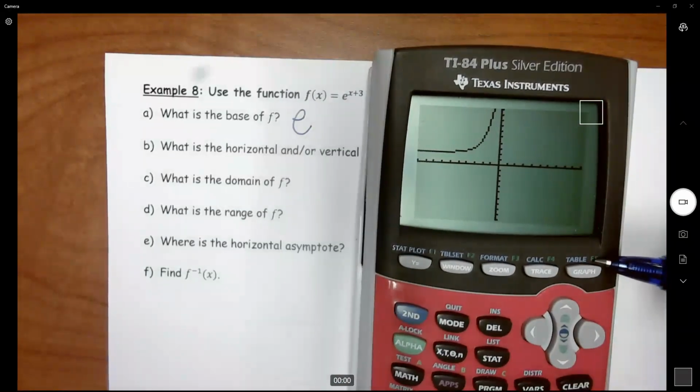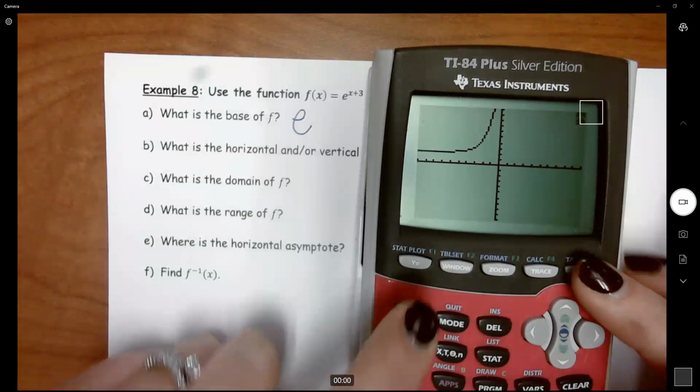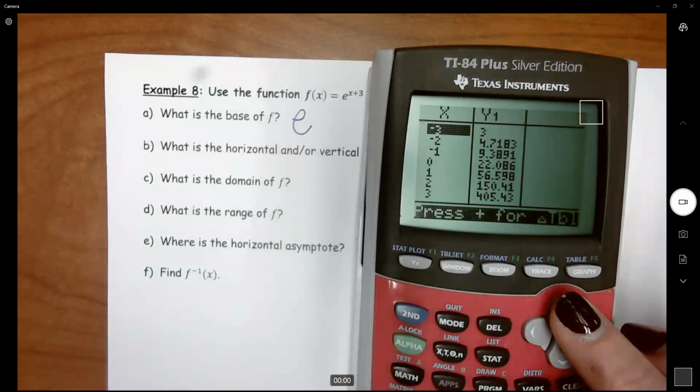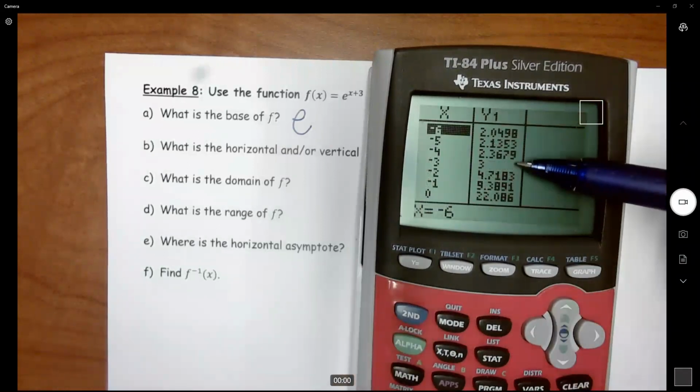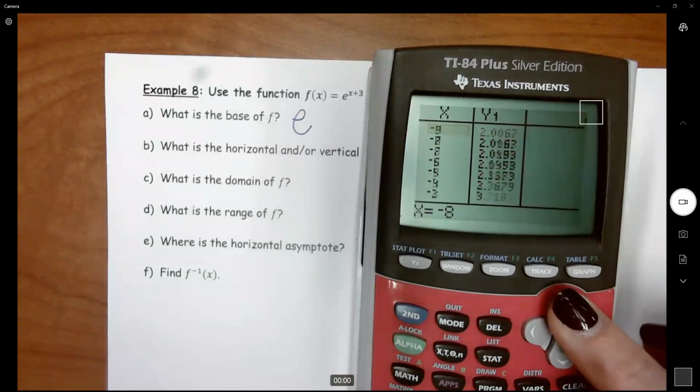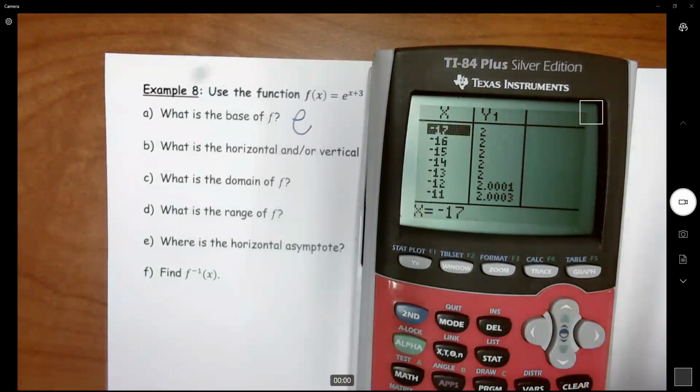And you can kind of see that when you look here at the graph or at the table. As you go further negative, this is getting closer and closer to 2, and then your calculator will eventually just round it to 2, but it is not actually ever reaching 2. Well, it's approaching 2, it's never reaching 2.